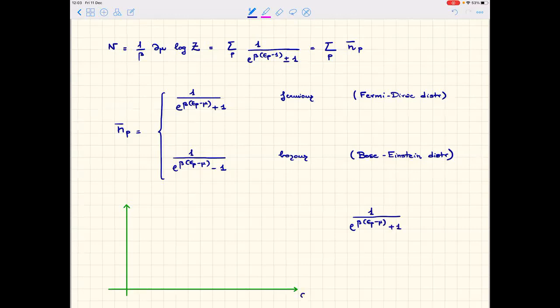So let's plot it as a function of epsilon_p. I will have a certain value mu that is special. When epsilon_p is equal to mu, this is equal to 1/2.